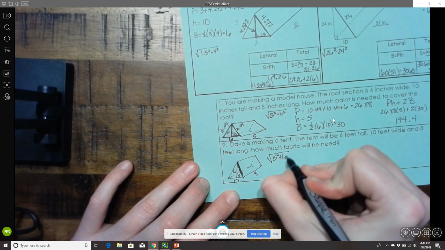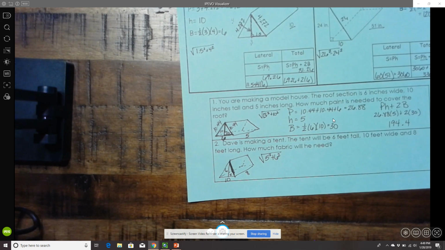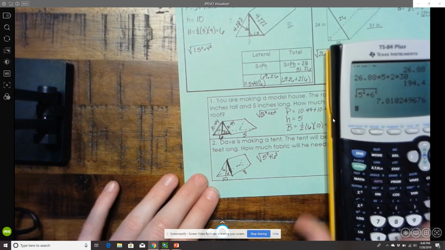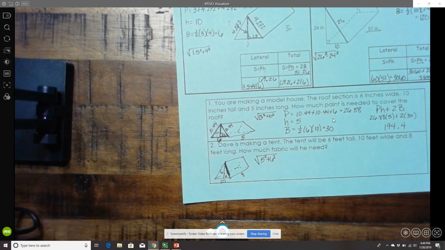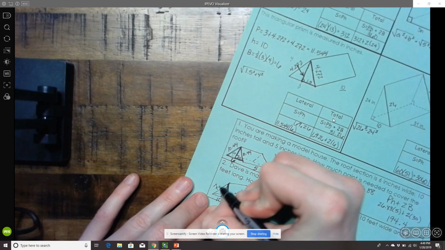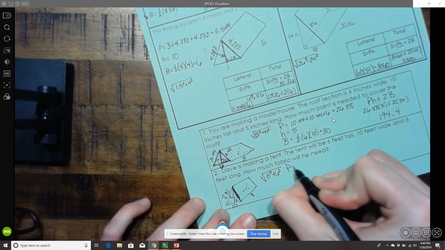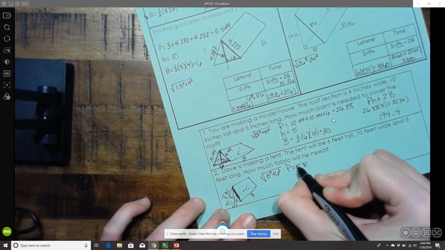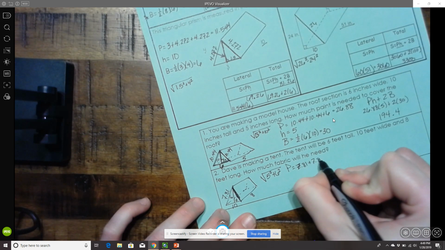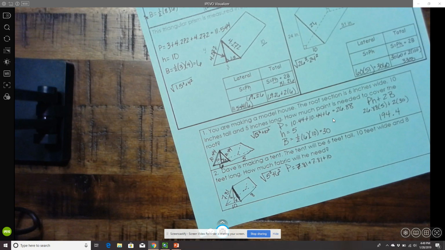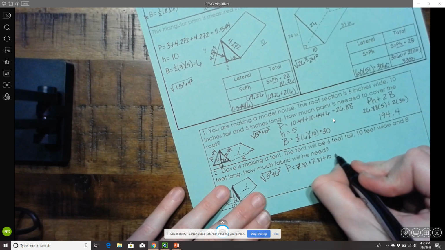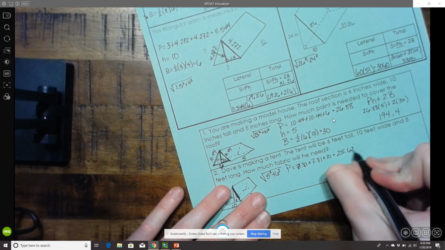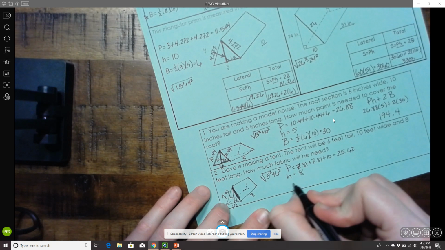So 5 squared plus 6 squared. And I get 7.81. So these would be 7.81. So perimeter would be, oop, that's a 7. 25.62. The height would be 8.